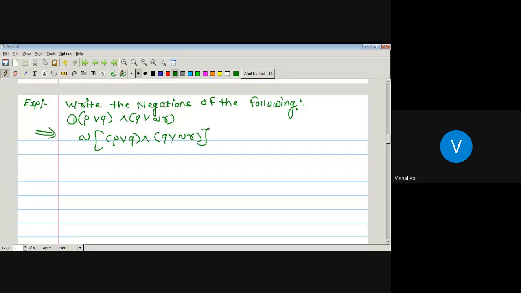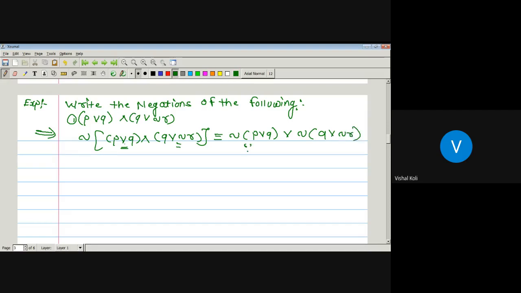Let us consider this total as a statement P and this total as a statement Q. If P and Q are two statements, then negation of (P and Q) is nothing but negation of P or negation of Q. Then by that law, negation of P here is nothing but negation of (P or Q), or negation of the second one, which is negation of (Q or negation of R).